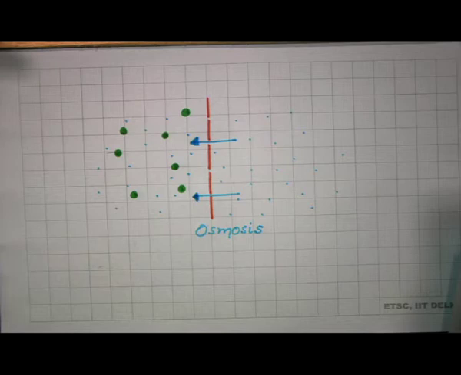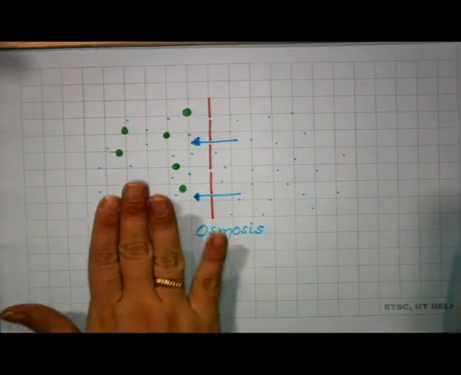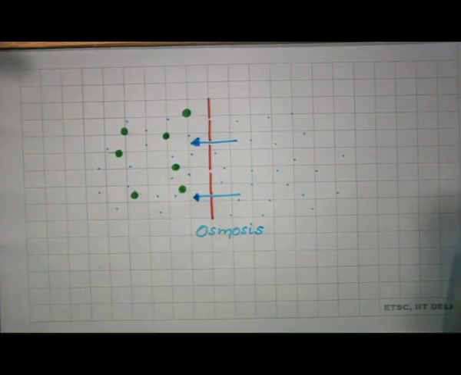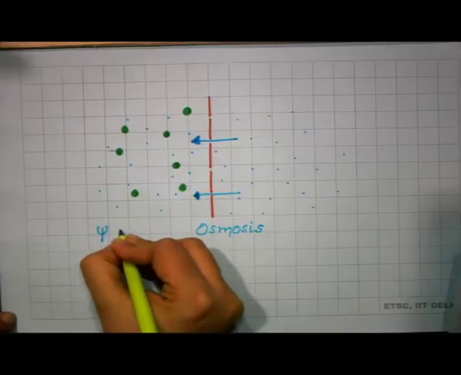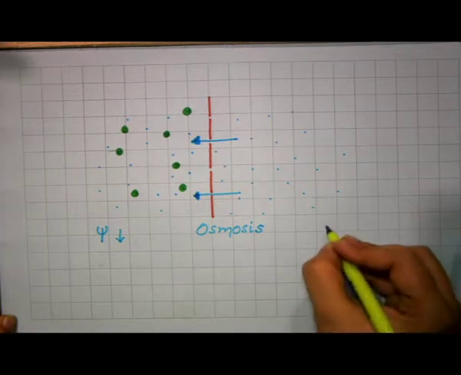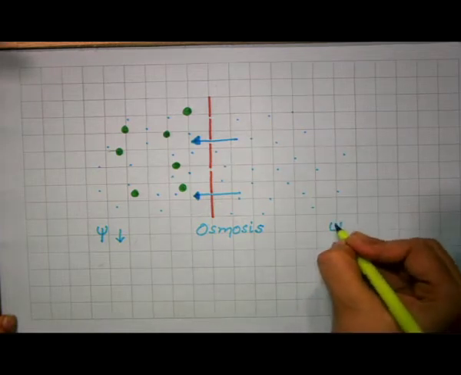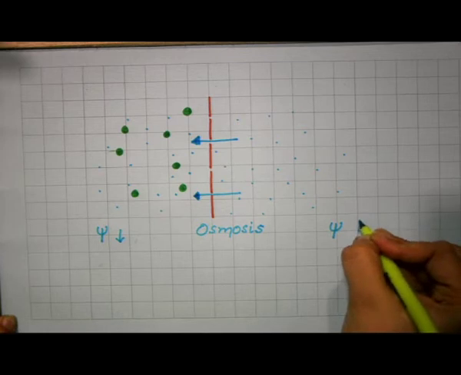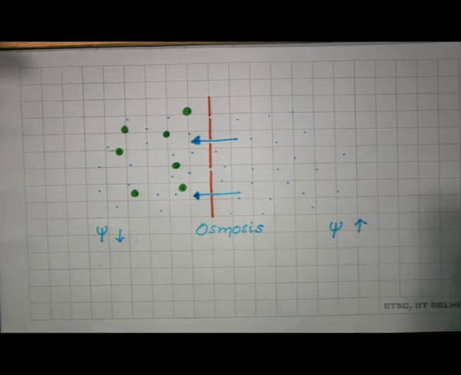If we want to see it in terms of water potential, let us see what is happening here. Because of the presence of the solute particles here, the water potential here has come lower. That means it has decreased. But since there was no solute present here, the water potential is high here.